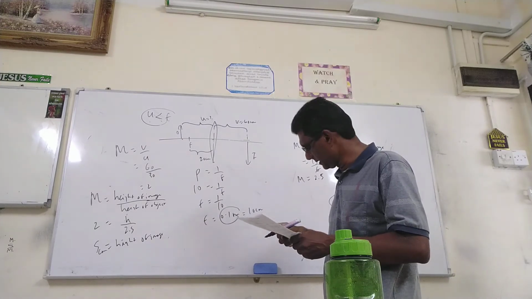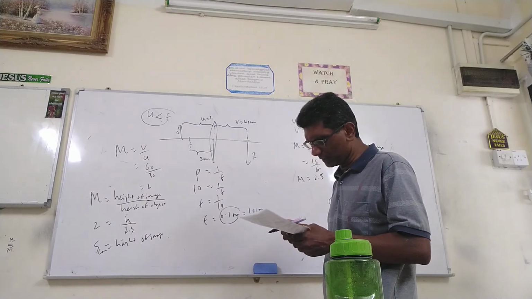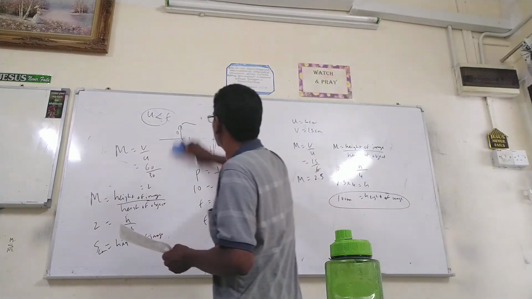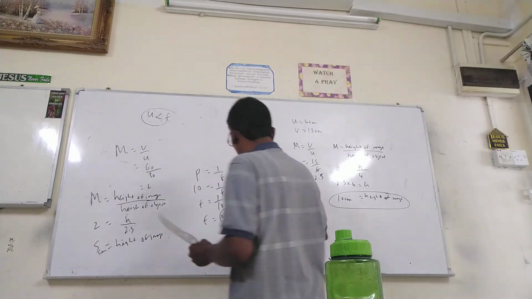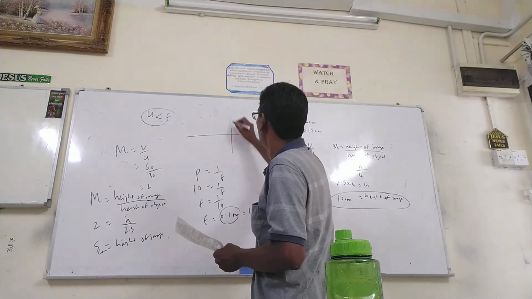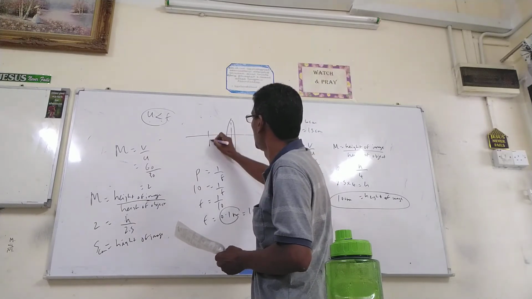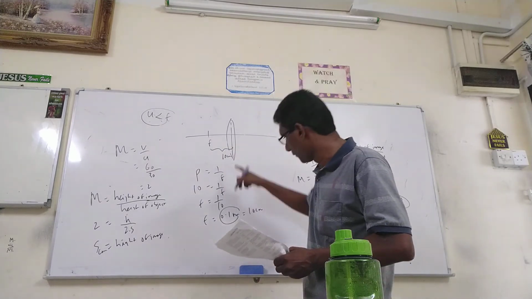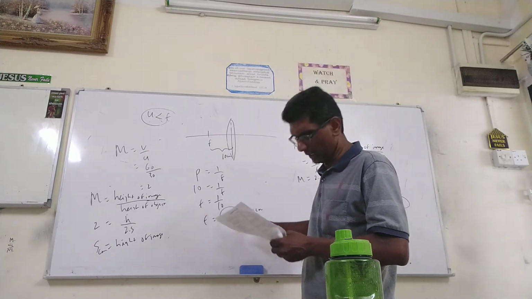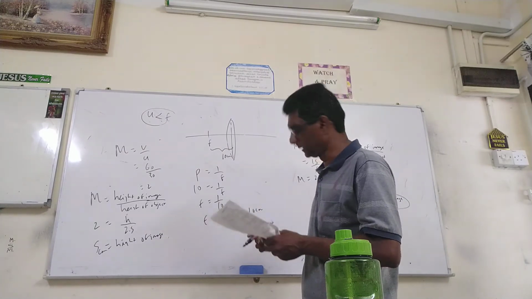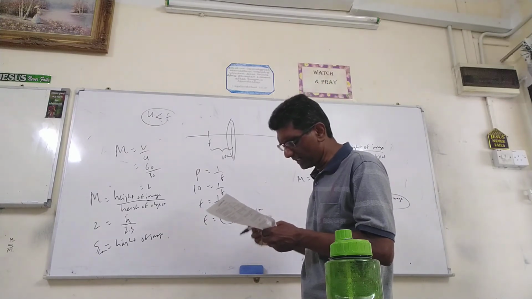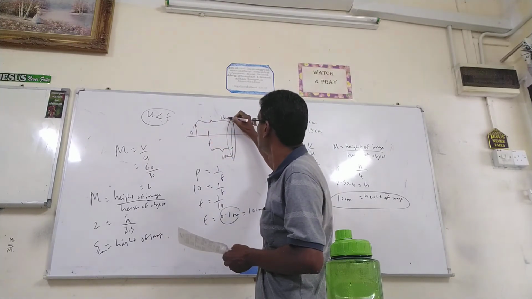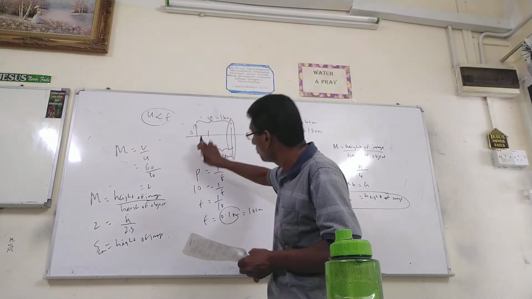The focal length is 10 cm, found from the power of the lens, and the object distance is 15 cm. So the object distance is more than f.